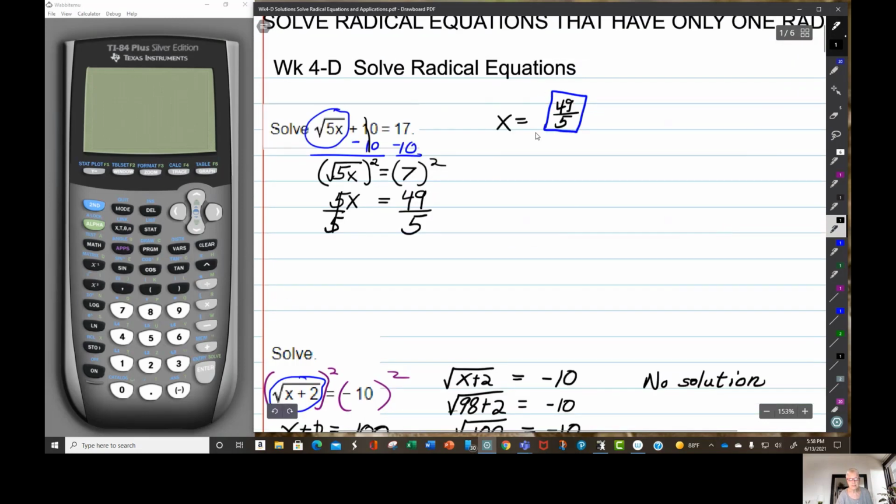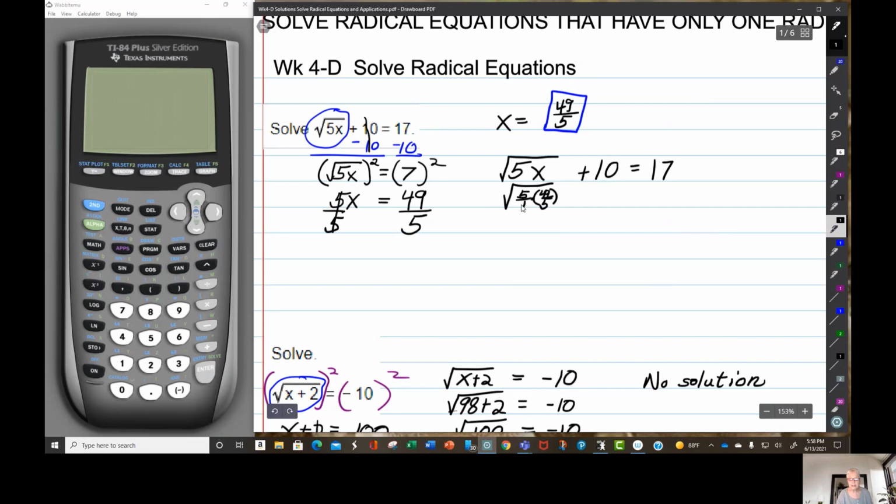Let's check this. The square root of 5x plus 10 equals 17. Okay, I'm going to put a fraction in here. 49 over 5, but I have a 5 out here that I'm going to write as 5 over 1.